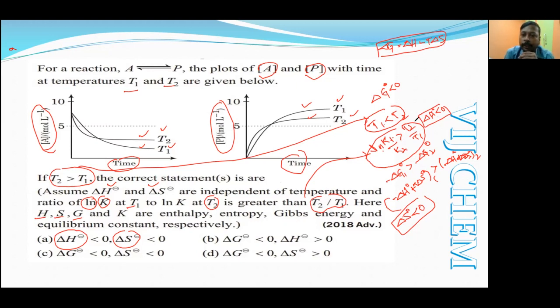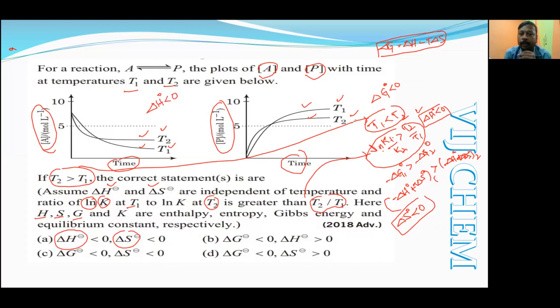If temperature is increased, the equilibrium constant decreases. That means it is an exothermic reaction. For an exothermic reaction, the equilibrium constant is inversely proportional to temperature. So with this statement, one thing we understood: delta H less than 0.